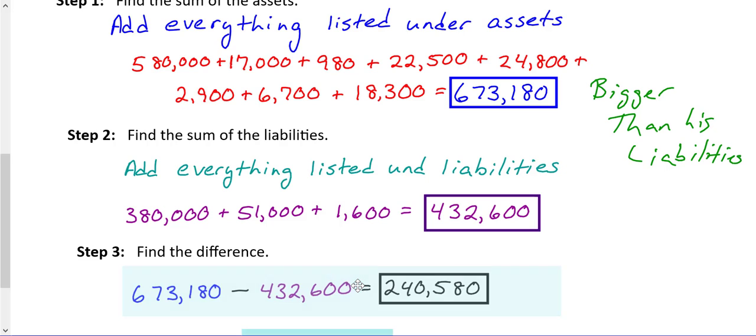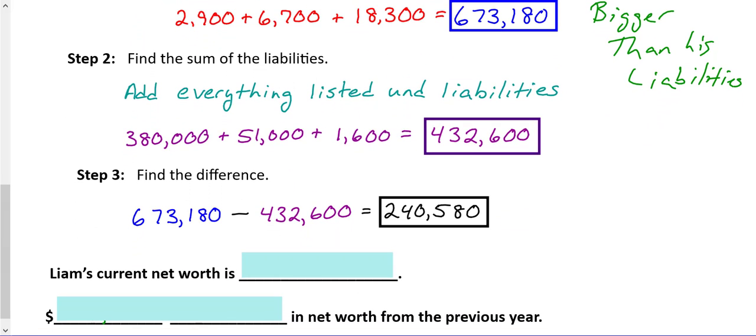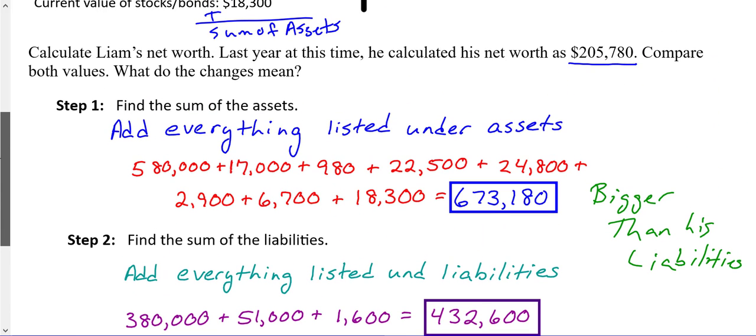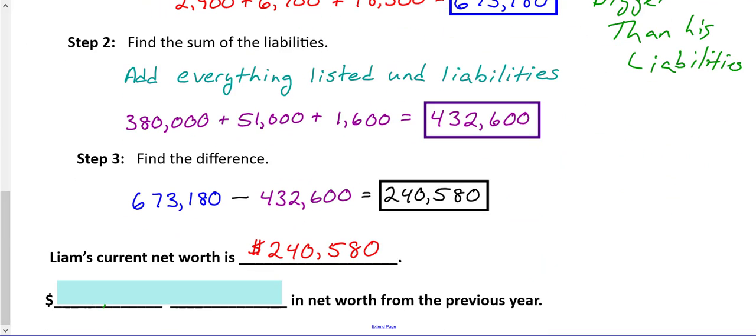So to find the difference, you just subtract the two, and he's got $240,580. So his net worth this year would be $240,580. And if we go back up and look, his net worth last year was $205,780.